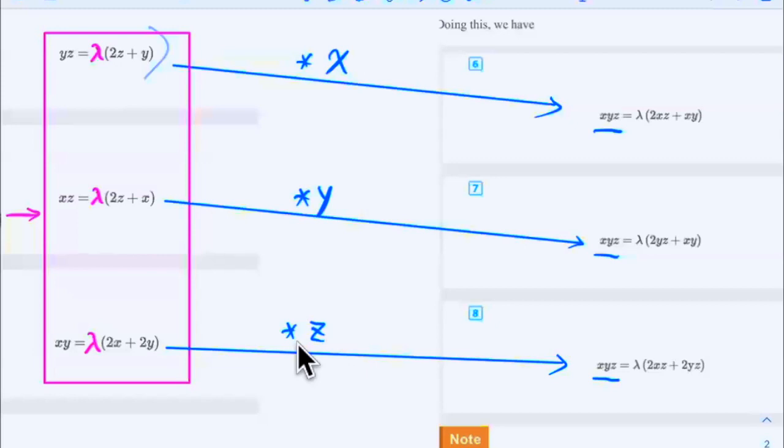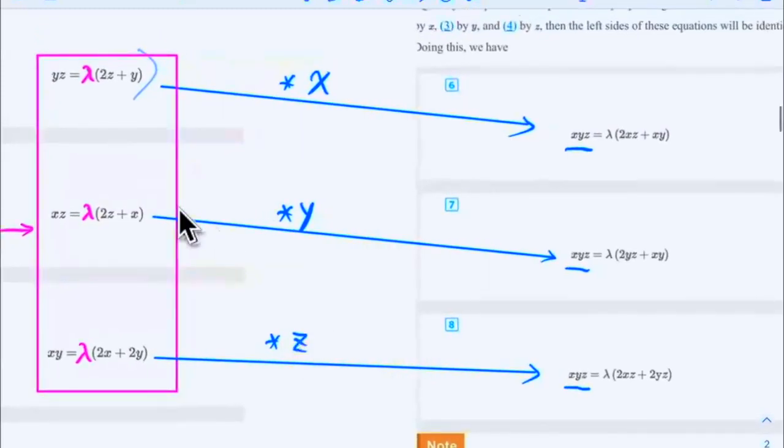Okay, now continue with this problem. This time we choose, because of the pattern here, this one has yz, this one has xz, this one has xy. So we want to multiply each corresponding equation here by x, here by y, by z, so that we get xyz on the left side. By doing this, what can we say about this quantity and this quantity? They'll be equal, right? Do you agree?